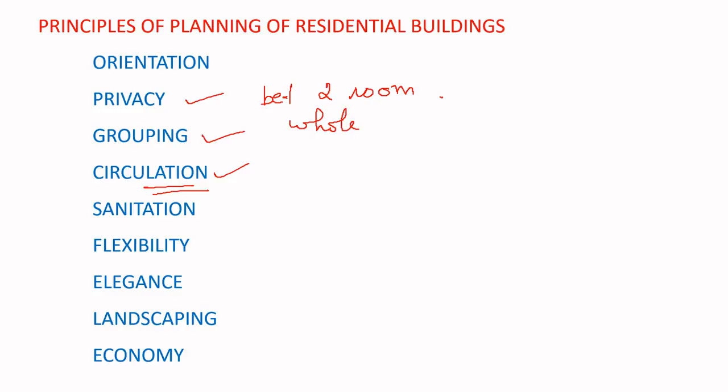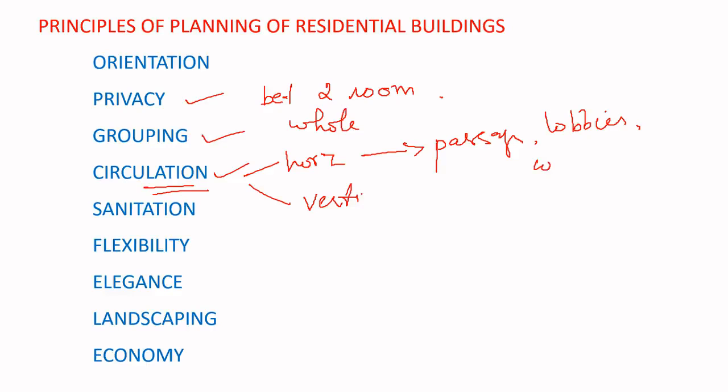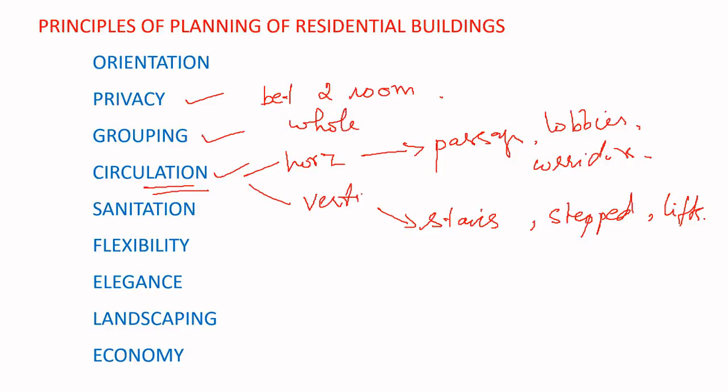So circulation can be horizontal circulation and vertical circulation. Horizontal circulation is achieved by means of passages, lobbies, corridors, etc. And vertical circulation is achieved by providing stairs, stepped terracings, lifts, etc.